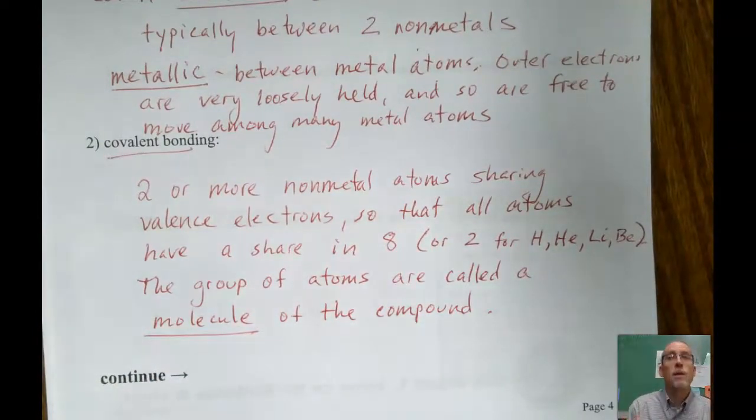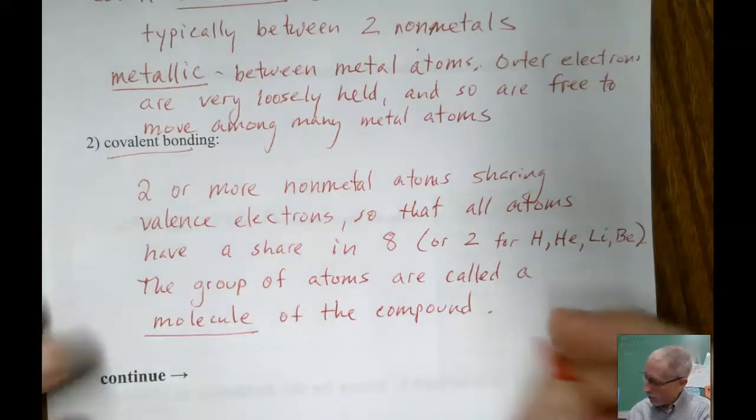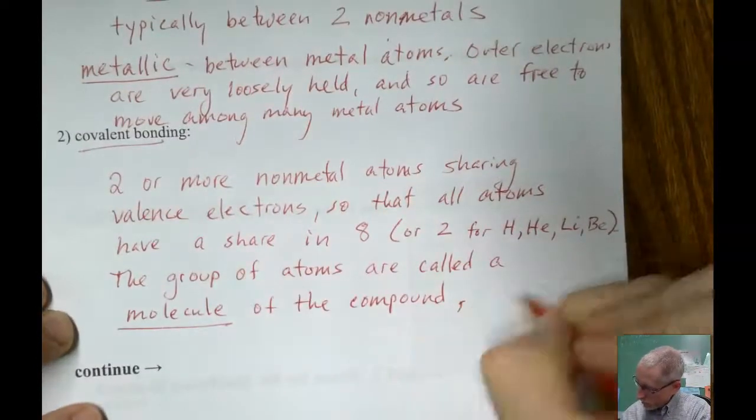That's the new substance that you get after you bond these atoms together. So in ionic bonding, we didn't really have molecules. It's just this big, usually a crystal, a whole bunch of ions just nearby each other. But with a covalently bonded compound, we're going to have a molecule, a single piece, and I'll show you what those look like.